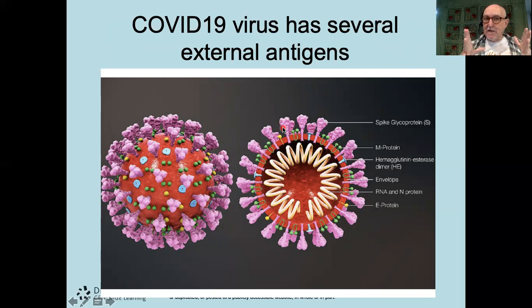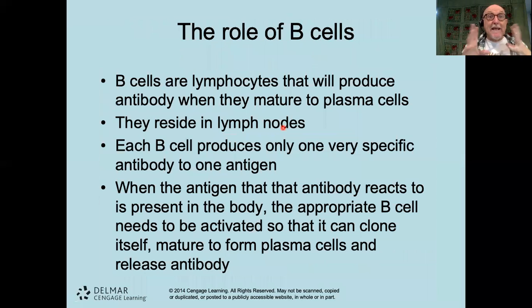There are many, many B cells. Each of them will produce one specific antibody. But each B cell that is producing antibody frantically clones itself so that there are thousands and thousands of them. They mature to a big cell called a plasma cell, which goes into circulation in the body and releases antibody throughout the blood circulatory system.